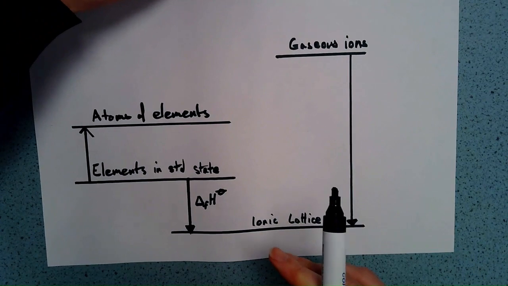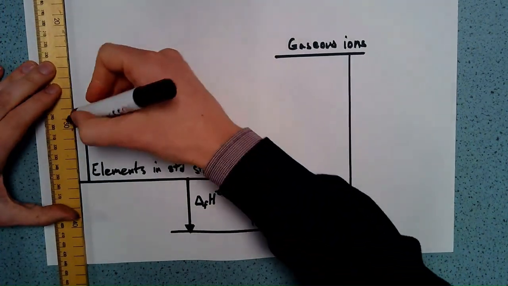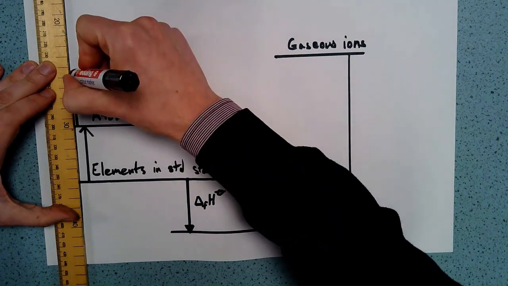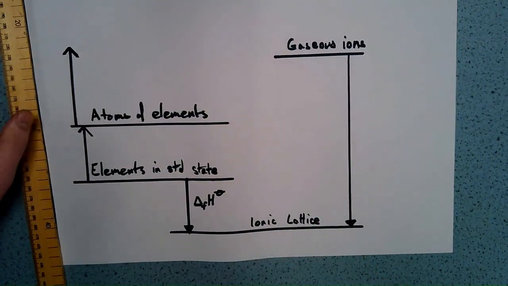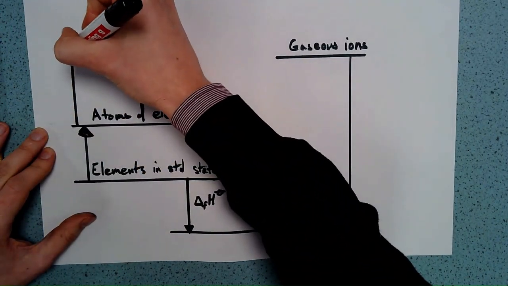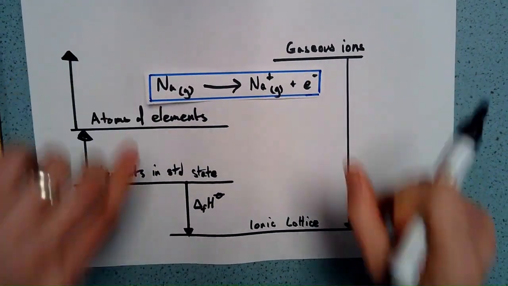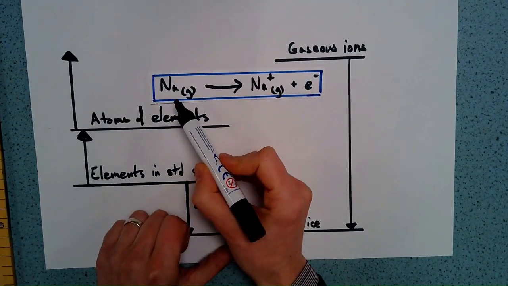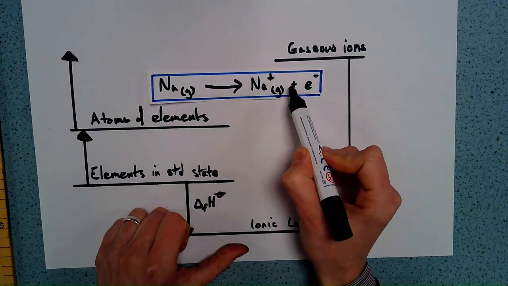Again, that's going to be endothermic, so we're going to put in another arrow upwards, and that's going to be this equation here, which you should recognise as the first ionisation energy of sodium.